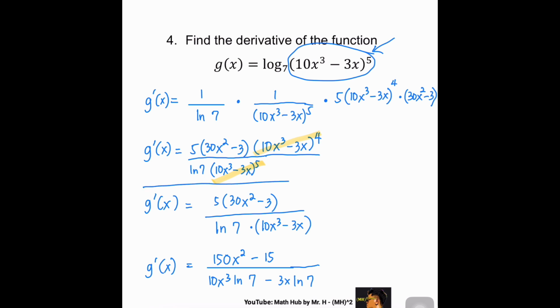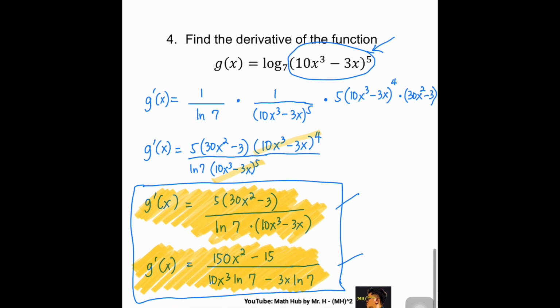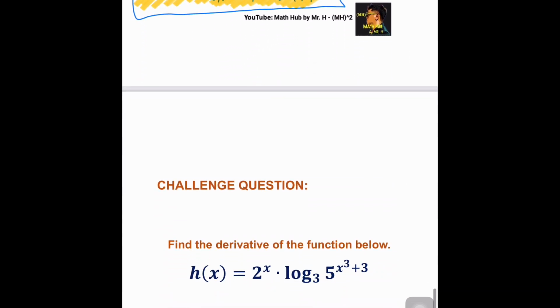Both of these answers are acceptable. So one in factored form and the other one is expanded form. Okay. And for your challenge, grab your pen and paper and answer this question.